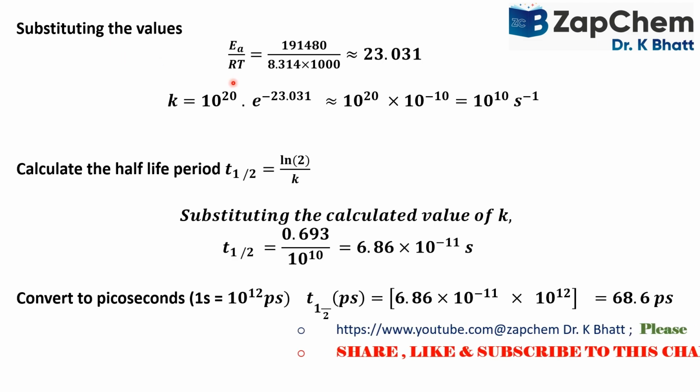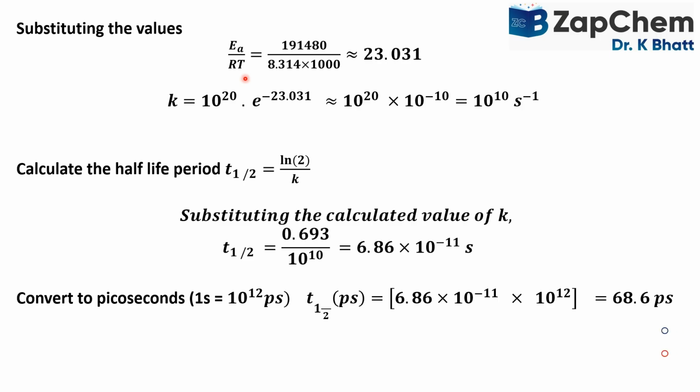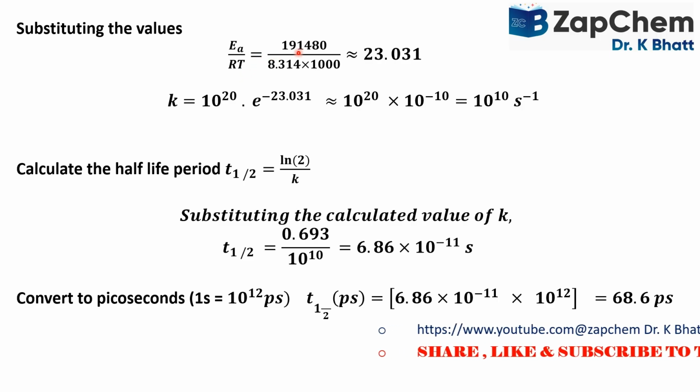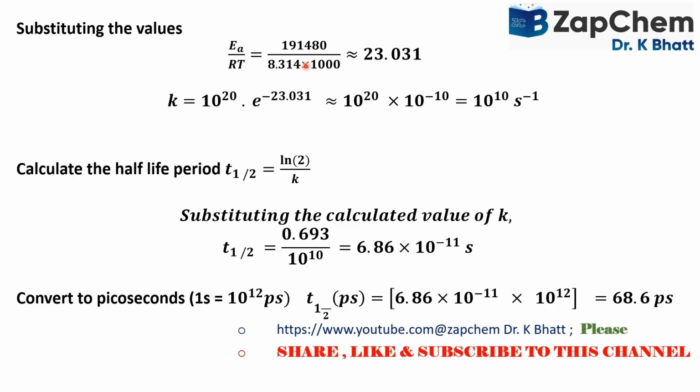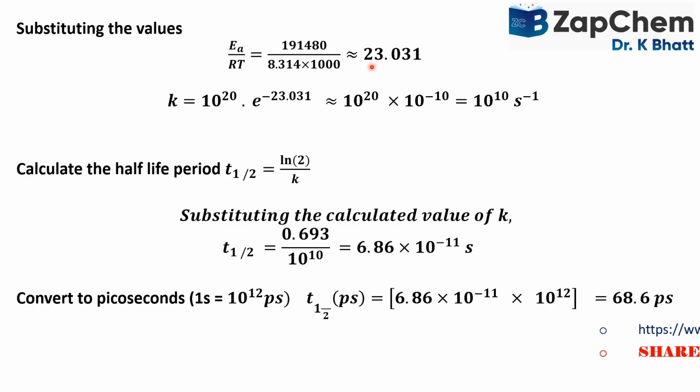First, we shall find out the factor Ea upon RT, because that is an exponent of e. So if you put up the given values here, we get that Ea upon RT is approximately equal to 23.031.